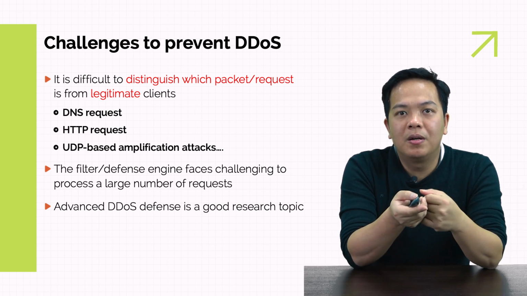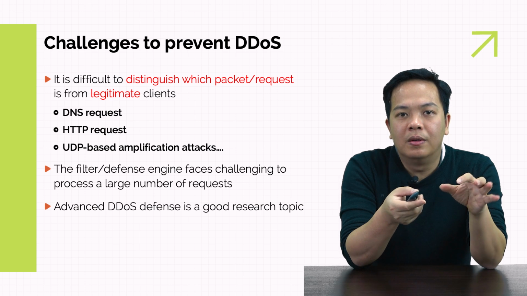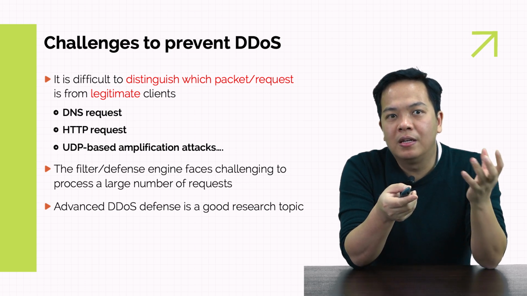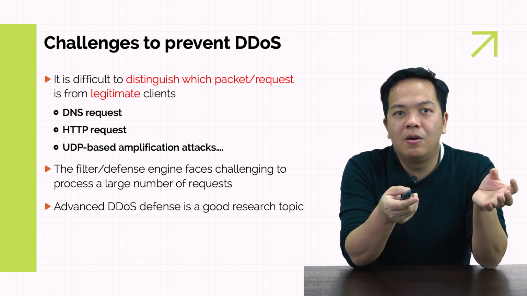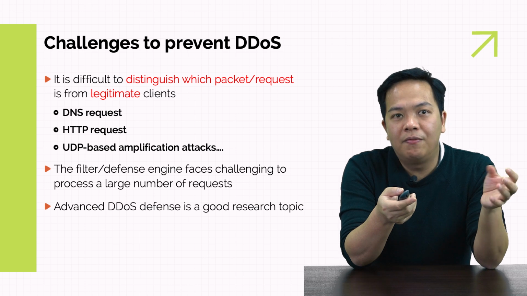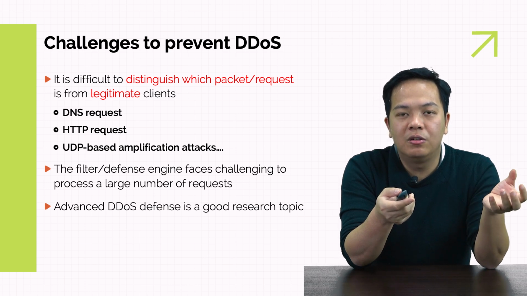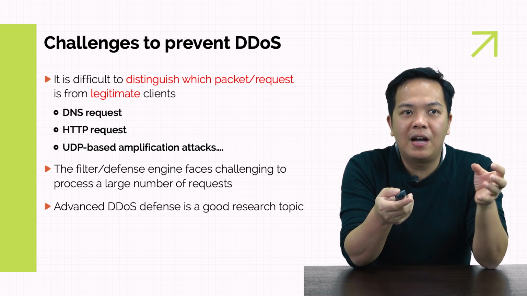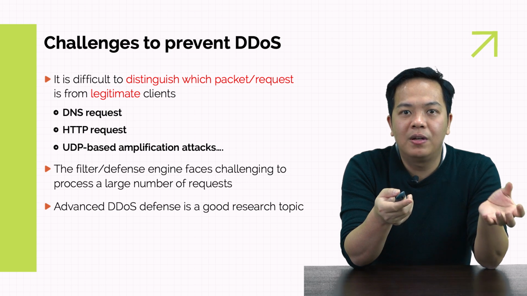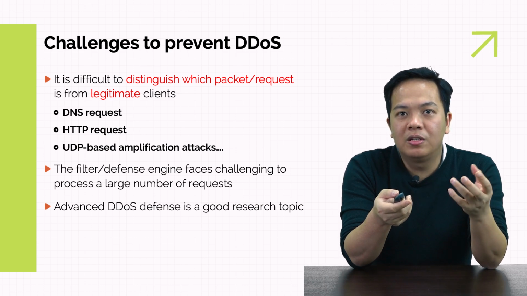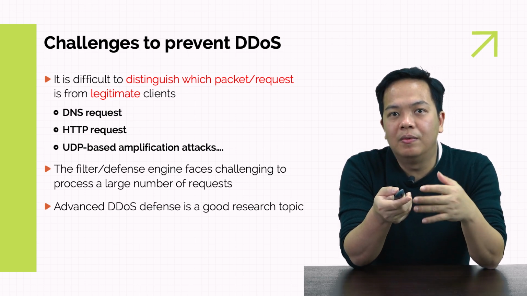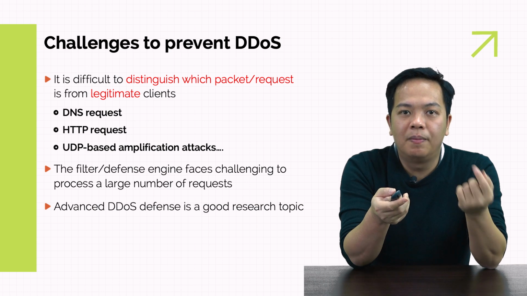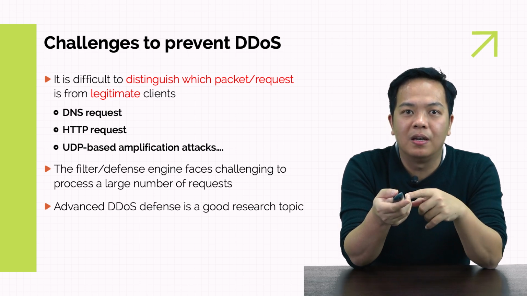And second, because denial of service can send a lot of traffic, the filter or defense engine faces a big challenge to process a very large number of requests at the same time. You can imagine, the last time I mentioned they can send about 2.5 terabits per second.